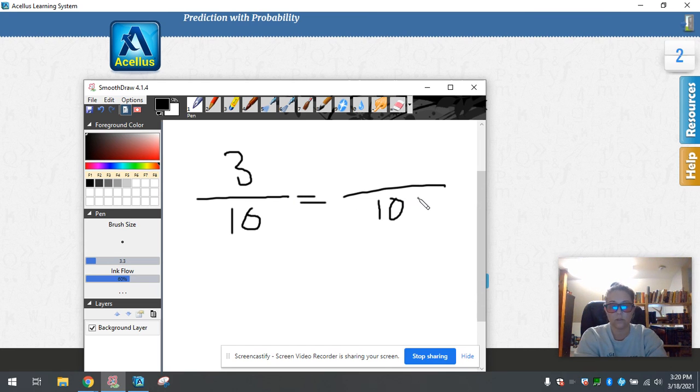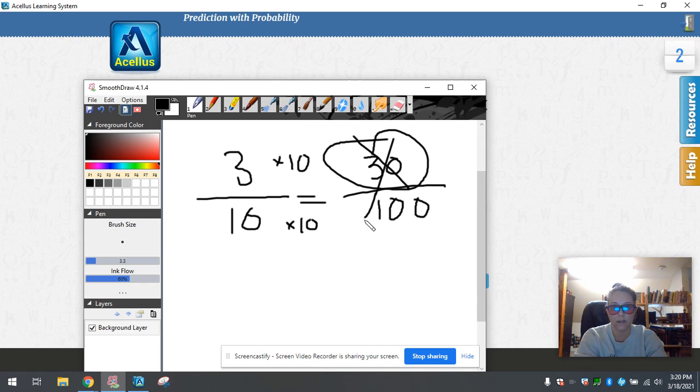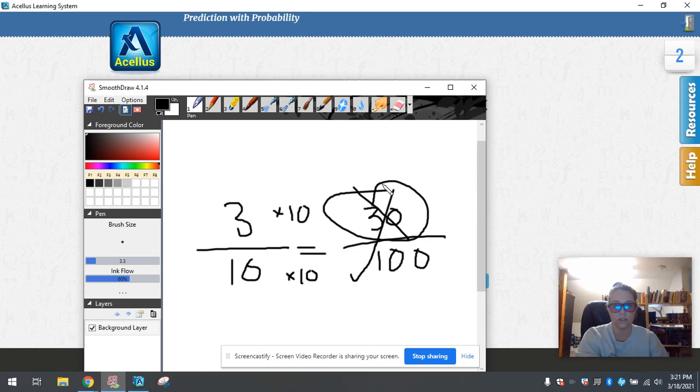Well, if you're good at mental math, you might know I multiplied that 10 by 10 to get 100, and what I do to the bottom, I can do to the top too. So you'll get 30 out of 100. The x is going to be equal to 30.